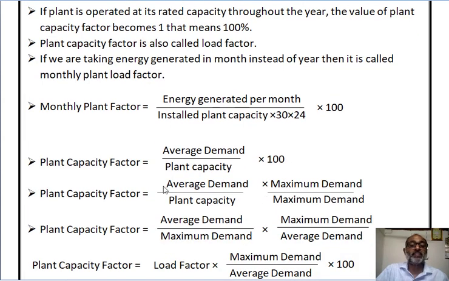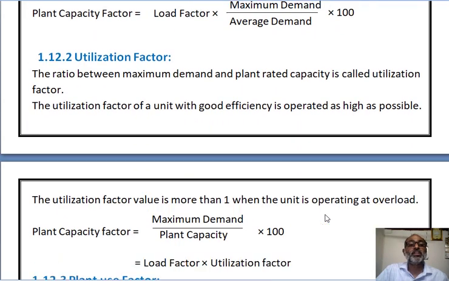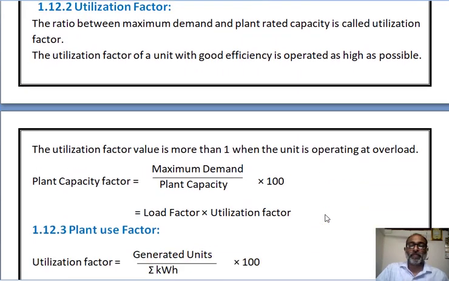Now we can arrange this definition this way: multiply and divide by the maximum demand. And we have already seen average demand divided by maximum demand is the load factor. So here our plant capacity factor is equal to load factor into the ratio between maximum demand and average demand into 100.